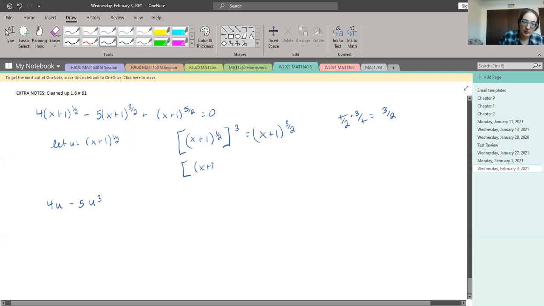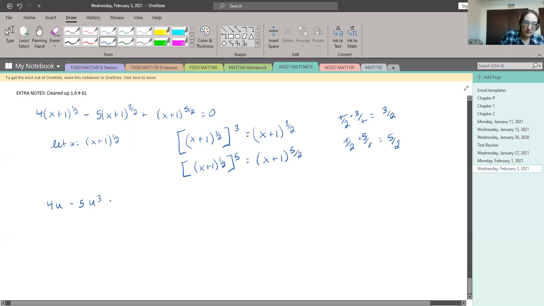Furthermore, if we have (x + 1)^(1/2) raised to the 5th power, that is (x + 1)^(5/2), because again, applying the power rule, we multiply the exponents together, the twos cancel, and we're left with 5 halves.